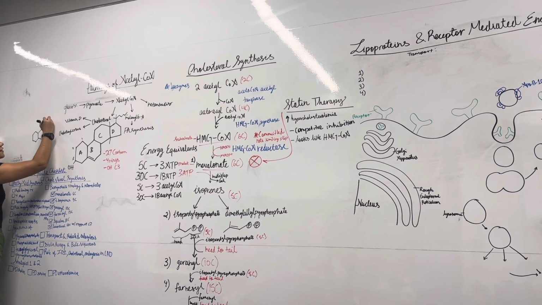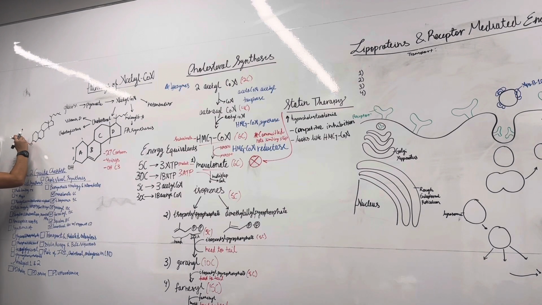So you have these three six-carbon rings, and then your five-carbon ring, and it looks something like this. I might have added too many carbons, but it's okay. Here you have that O, and then the fatty acid, like this. And this is your cholesterol ester.